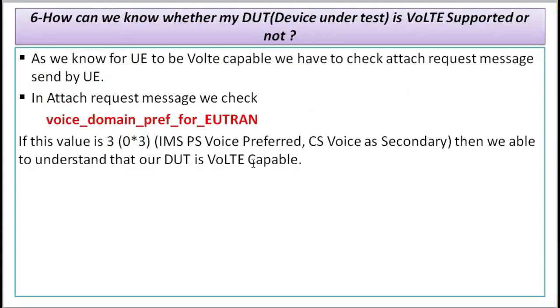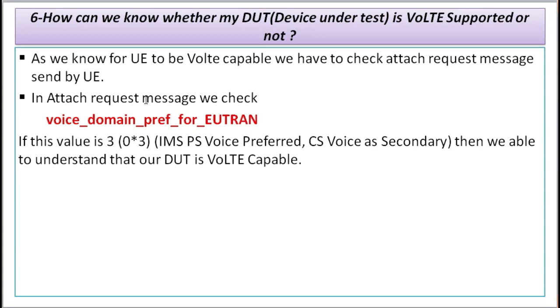Okay, next question: how can we know whether my DUT, device under test, is VoLTE supported or not? Is the handset we are using for testing VoLTE supportable? For a UE to be VoLTE capable, we have to check the attach request message sent by the UE.